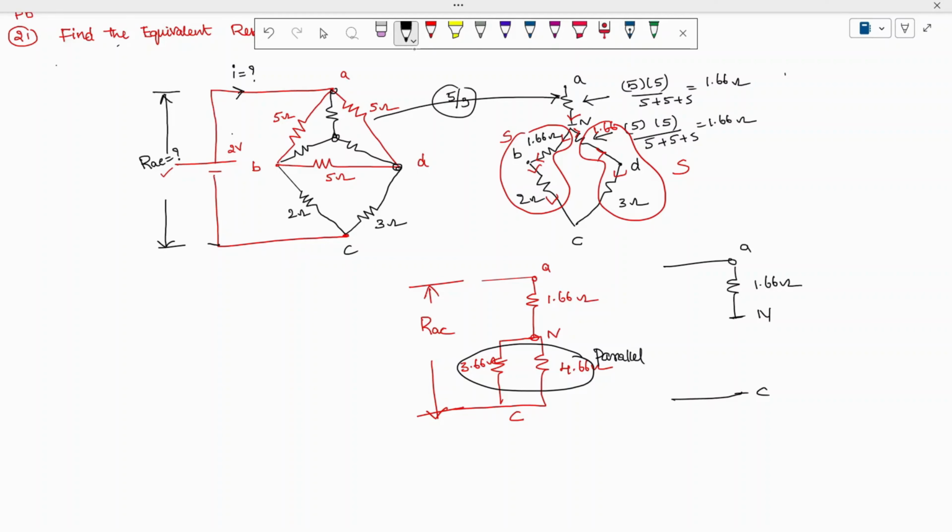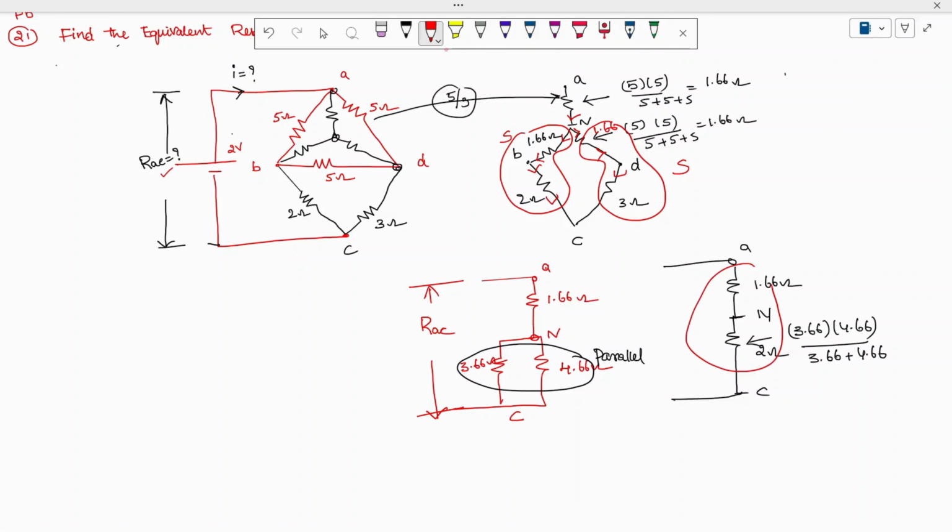When these two are in parallel, then again we are going to get a single resistor. So the formula here is 3.66 into 4.66, the product of resistance divided by the sum, 3.66 plus 4.66. If you solve it, you are going to get this value as 2 ohms. Again, you can see the diagram.